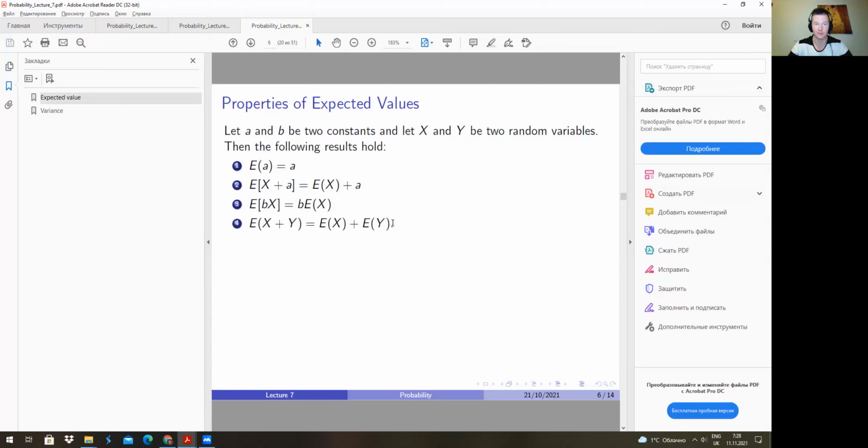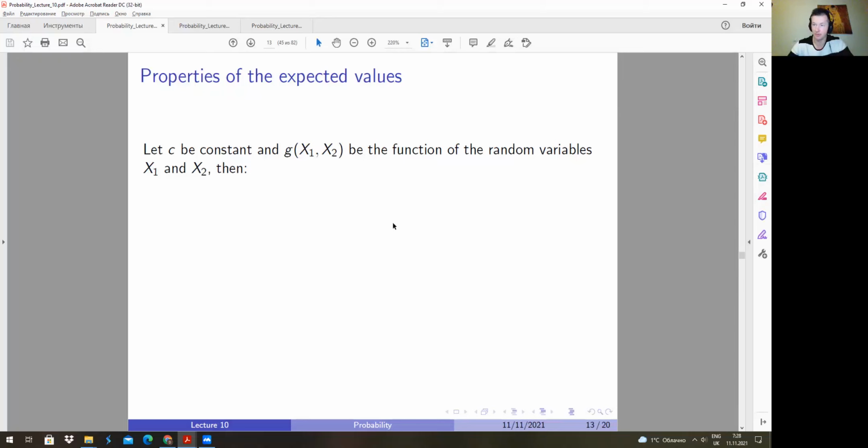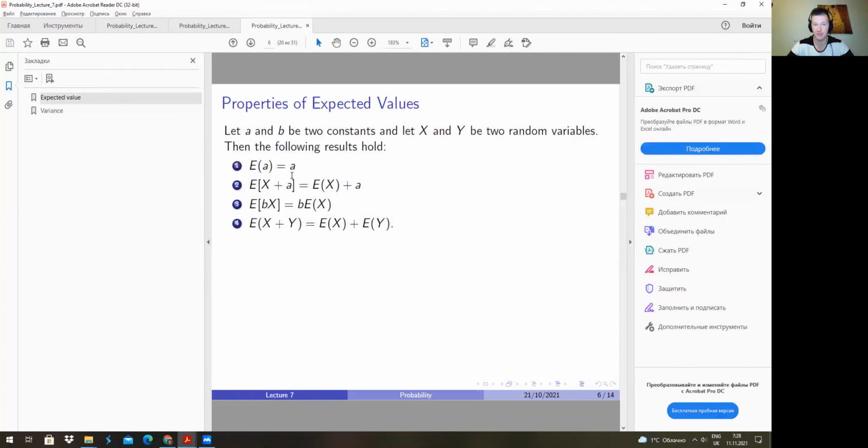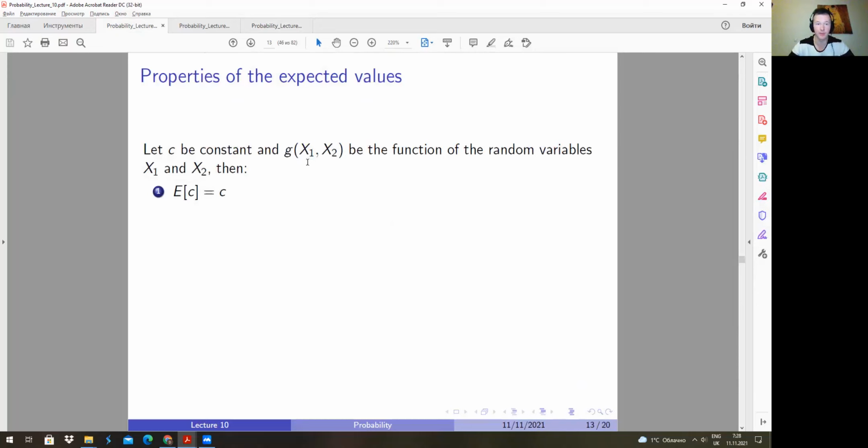Now when we extend this to the multivariate case, we have something similar. Let C be a constant and g of x1, x2 be a function of the random variables x1 and x2. Then the expectation of a constant is a constant, exactly the same as the first property.